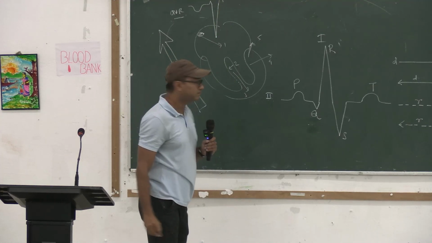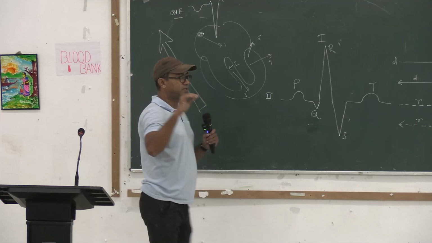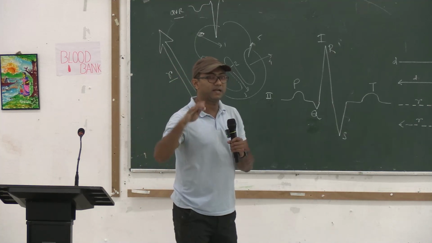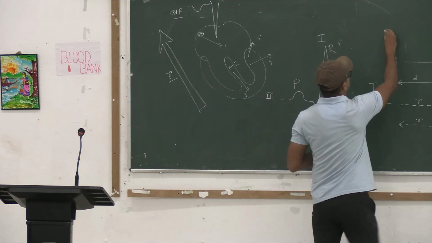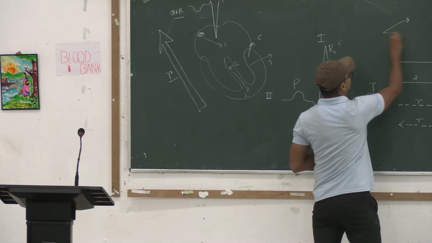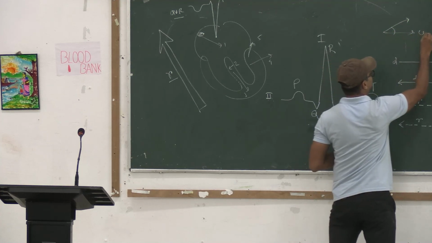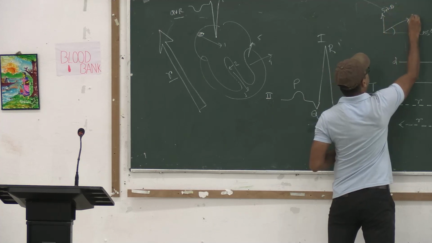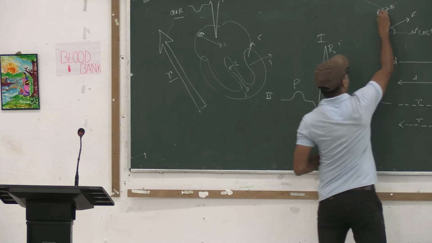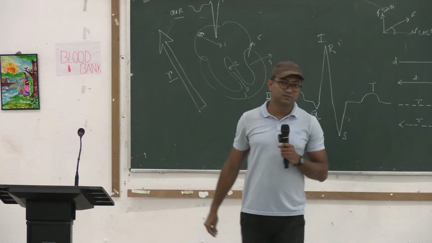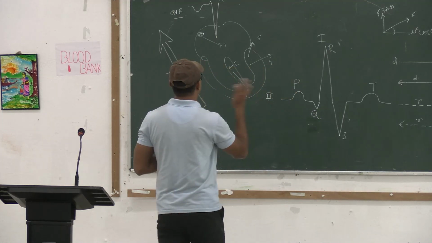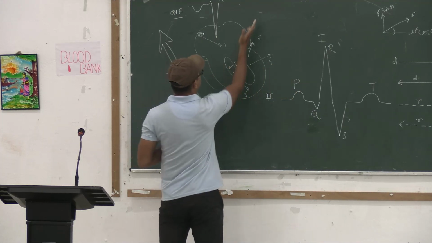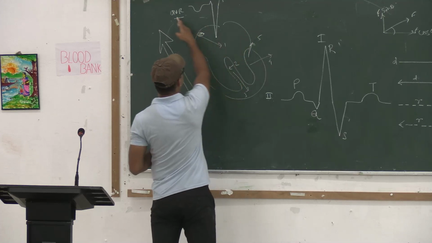And actually these vectors can be divided. If this is a vector, you can divide it into cos theta and sin theta. Do you remember this from your physics knowledge? So these vectors are somewhat directed towards this.